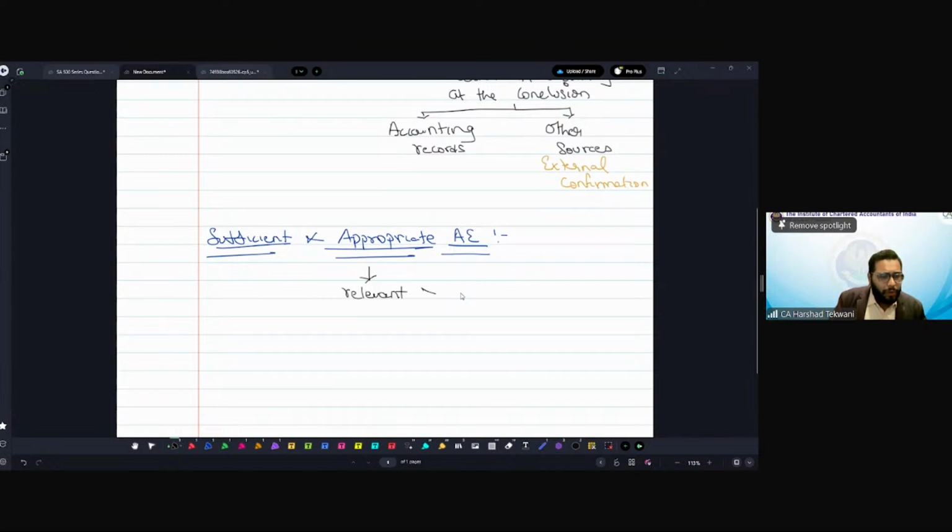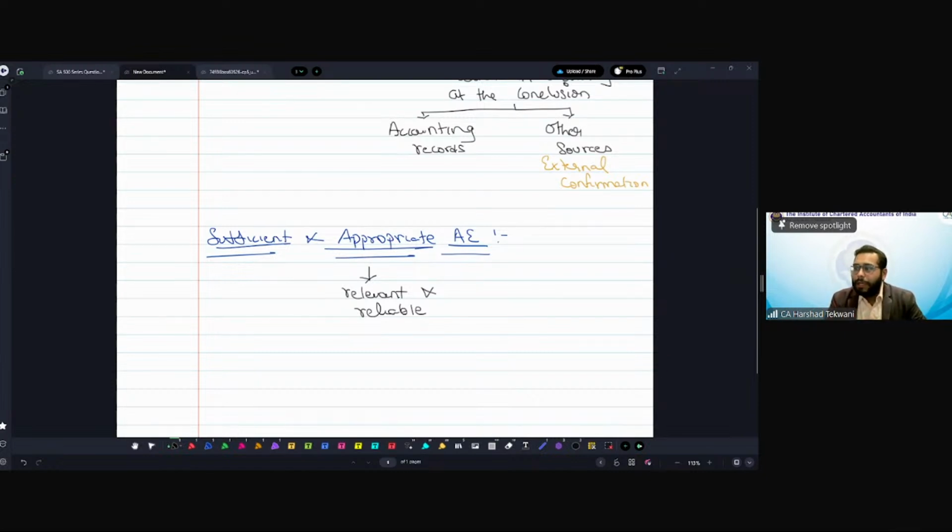When I say sufficiency, it has to be of such a nature that it can give me comfort on a particular purpose or the conclusion I need to draw.